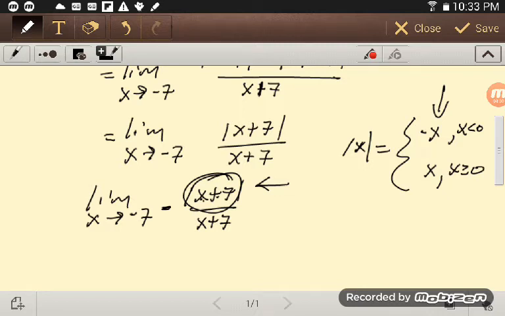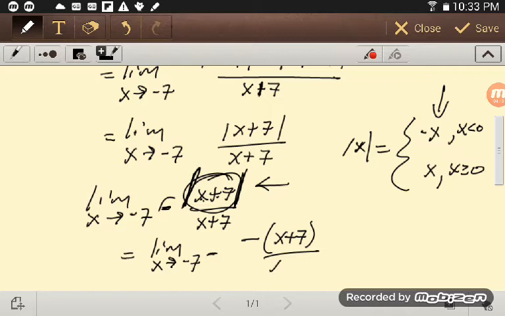So if I'm coming in from the left, I can get rid of those absolute values. So this is equal to the limit as x goes to -7 from the left of the negative of x plus 7 over x plus 7. Well, that's just -1 times the limit of x plus 7 over x plus 7. That's -1.